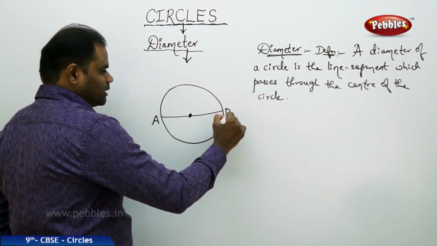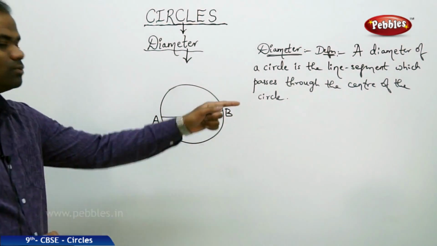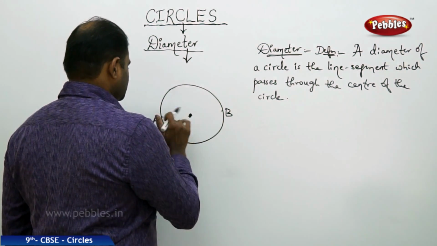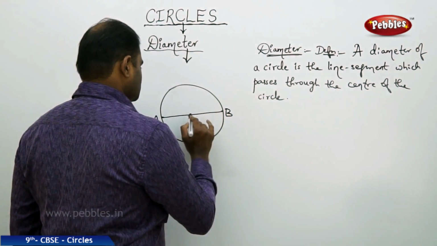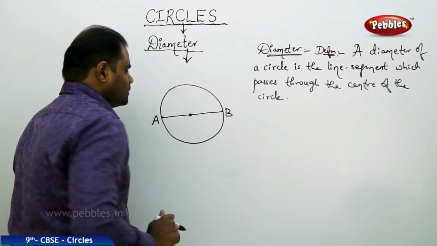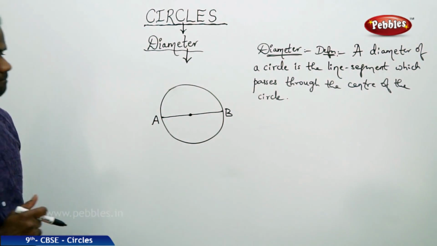Suppose I have a line AB which passes through the center, then I call this line AB the diameter. AB is the diameter.